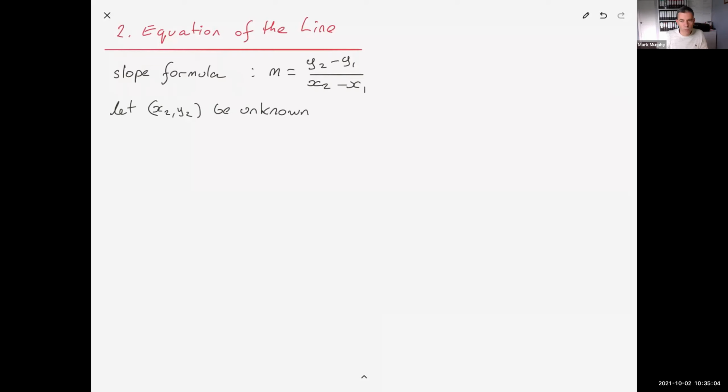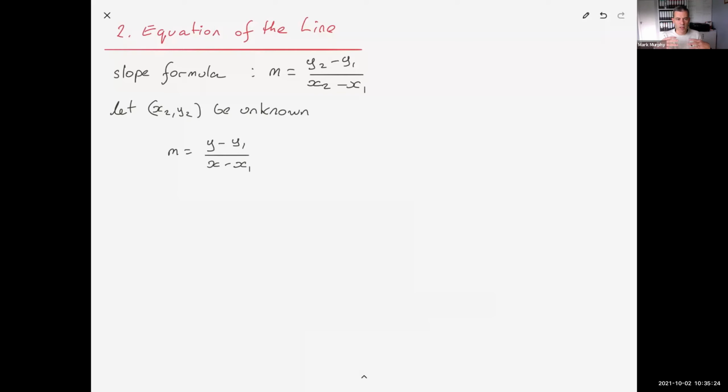In other words, we make y2 and x2 into y and x. Rewriting that formula becomes m is equal to y minus y1 all over x minus x1.